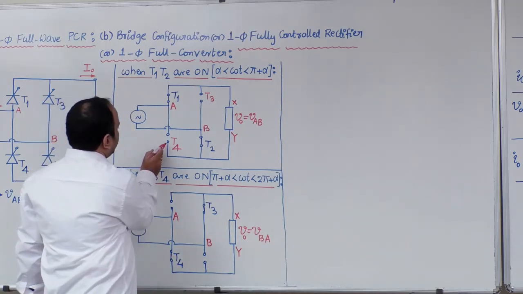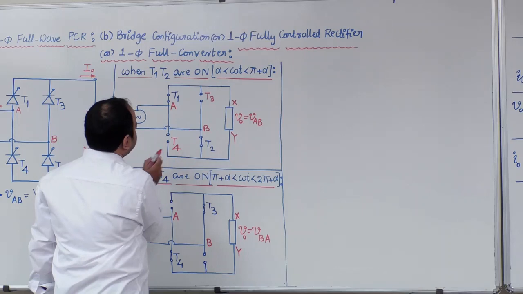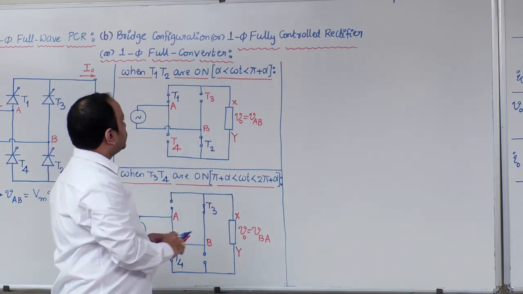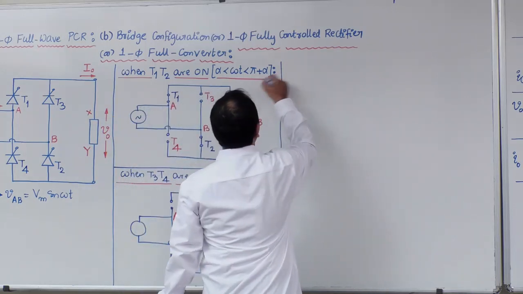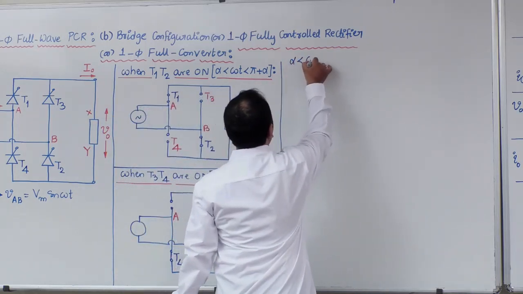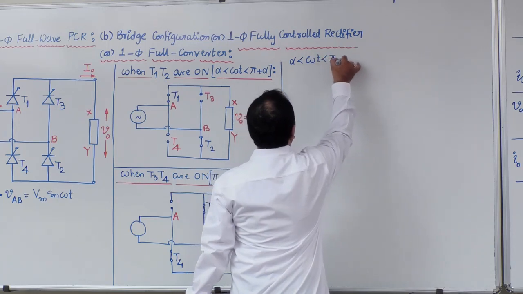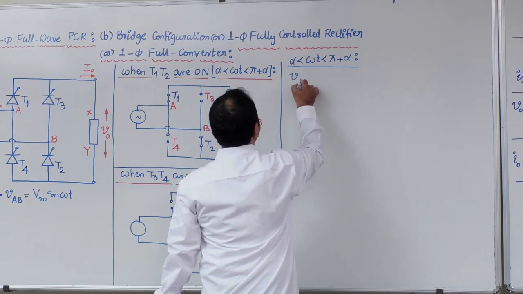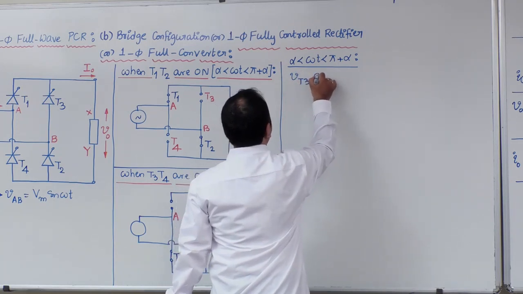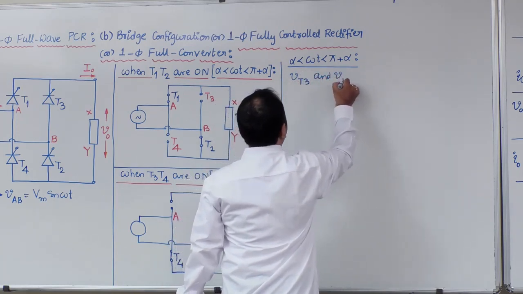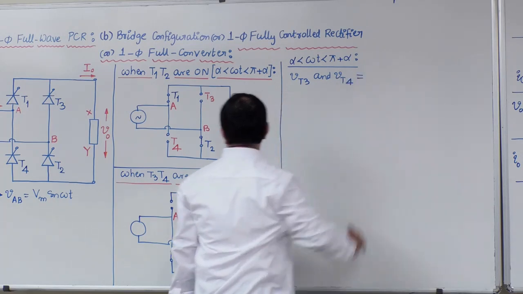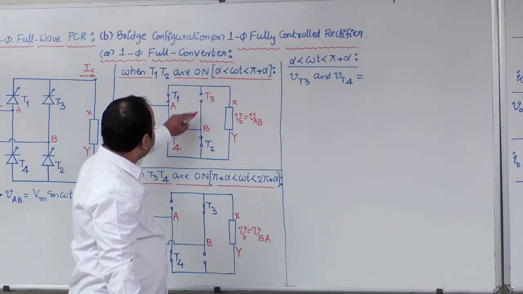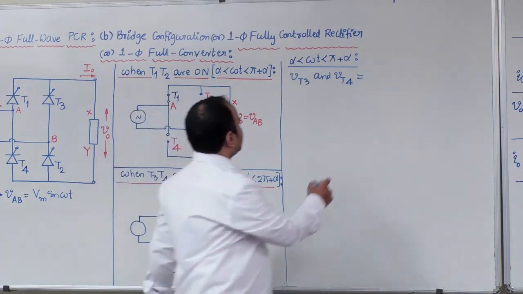Next, anode of T4 is connected to B. Cathode of T4 is connected to A. So, due to space limit, I am writing here, alpha to pi plus alpha, voltage across T3 and voltage across T4 is equal to, anode is at B, cathode is at A.